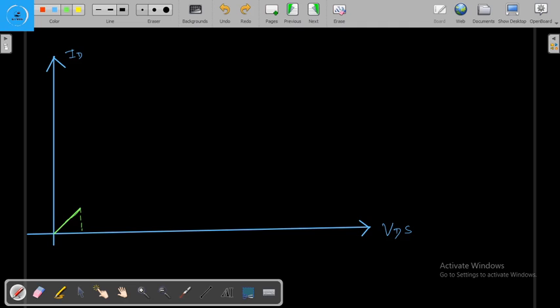Now when we increase the VDS, this is almost constant.